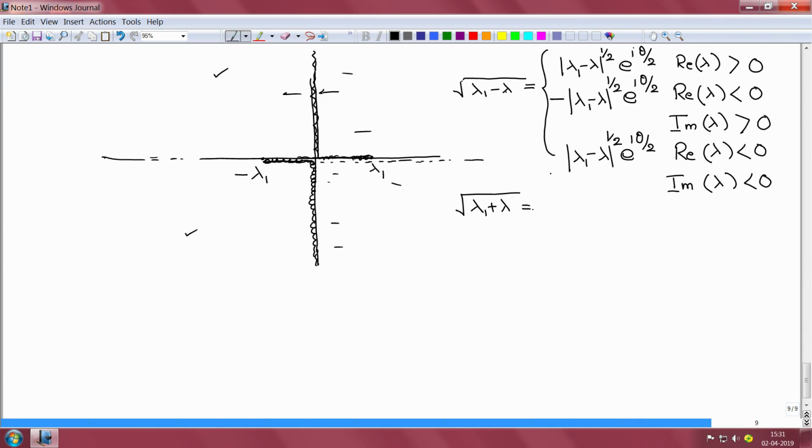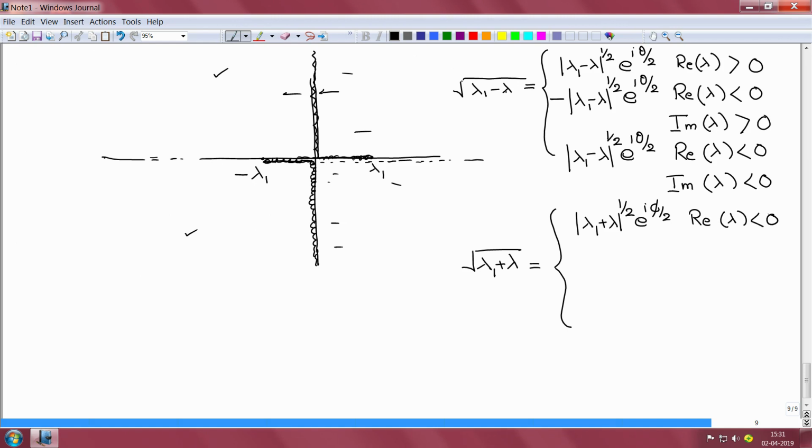So now what is the definition for this? Square root of lambda 1 plus lambda is equal to lambda 1 plus lambda to the power half e to the power of i phi by 2 whenever real part of lambda is less than 0, so in this part of the complex plane.